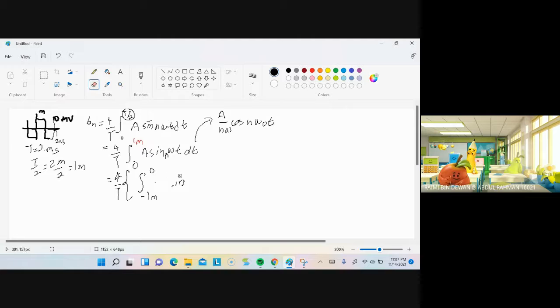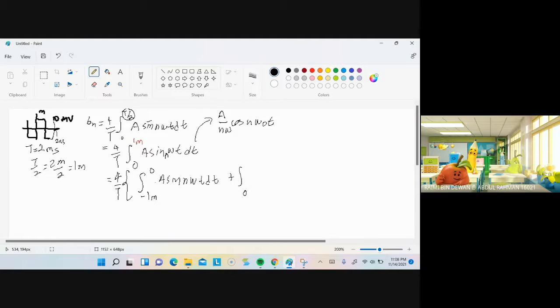Sorry, this one. Okay, and then you have your A sine n omega t dt. And then plus, if this is 0, the 0 is here.